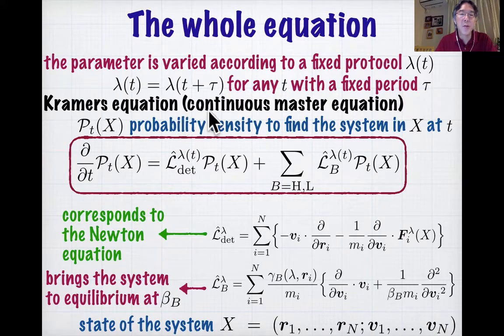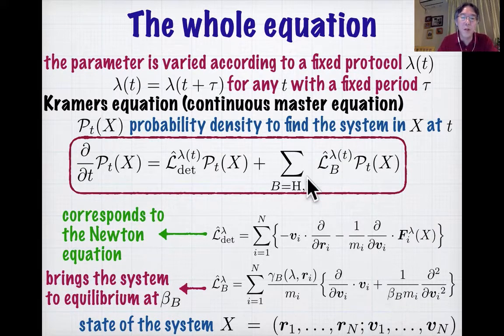Then the Kramers equation or continuous master equation that describes our heat engine is written like this. And this part is again the same as here, and it corresponds to the Newton equation, but now lambda is time dependent. And here we again have this term which describes noise from the heat bath, but we now have a sum over two heat baths, a high temperature and a low temperature heat bath, and they have different coupling and different inverse temperature.